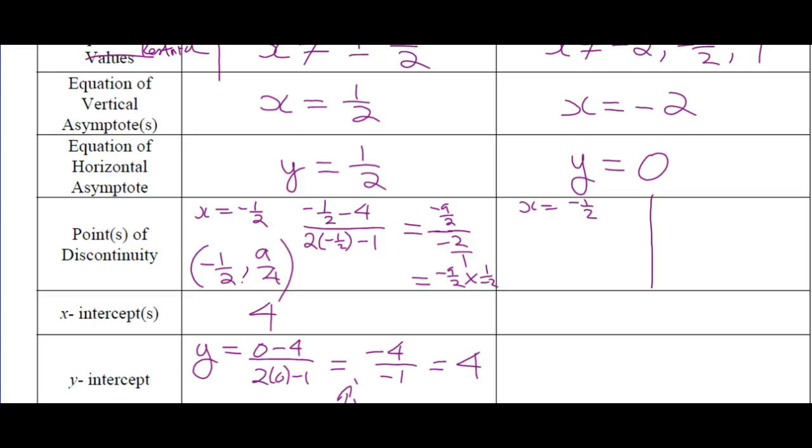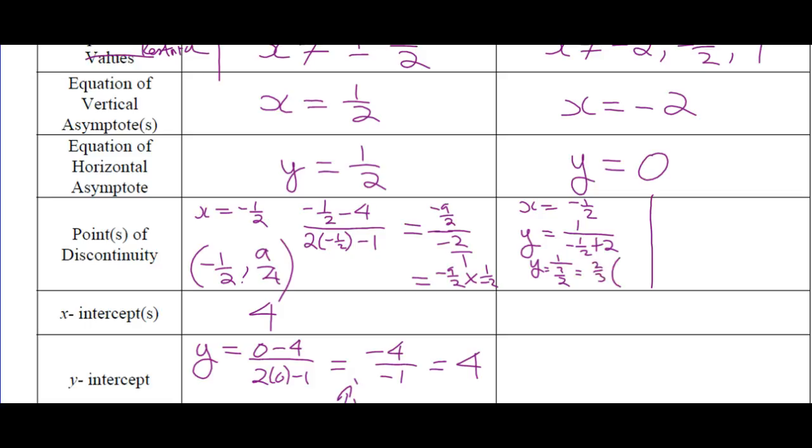Okay, and we're going to substitute, I'm just going to copy it off of this. So y will equal 1 over negative 1/2 plus 2, which is 1 over 3/2, which is 2/3.